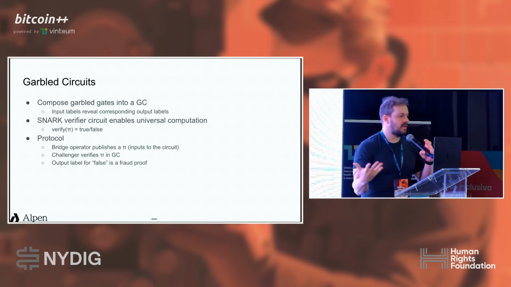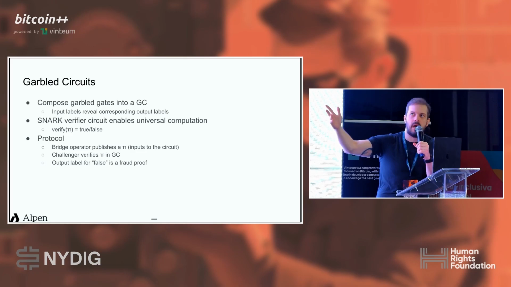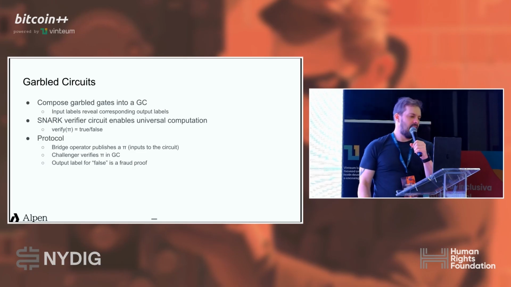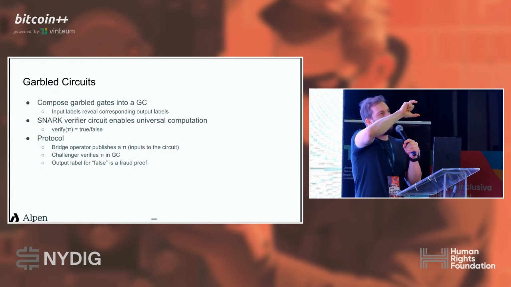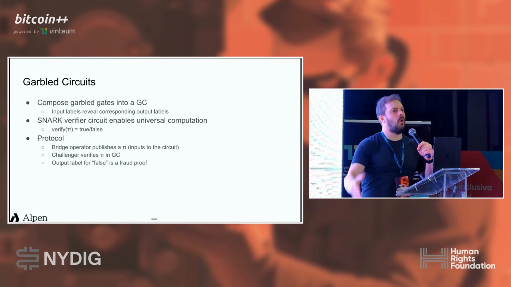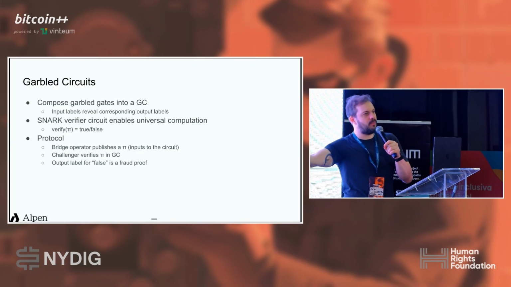The idea is that you can compose a lot of those gates, billions of them, into a garbled circuit. The input labels reveal the corresponding output labels, and then you can follow through the whole circuit until you get an output in the end.